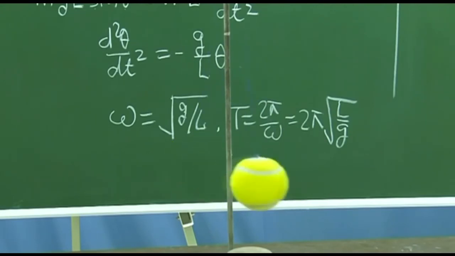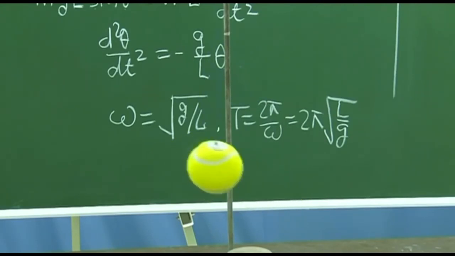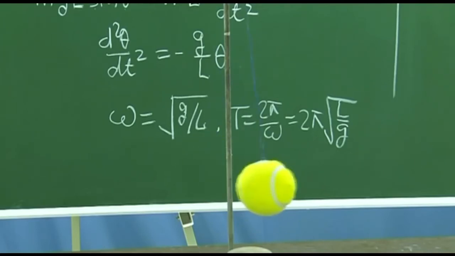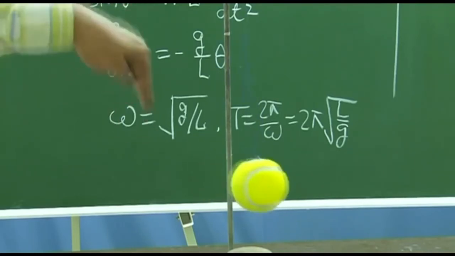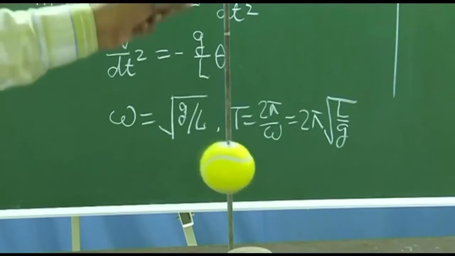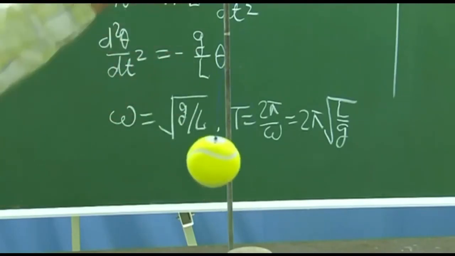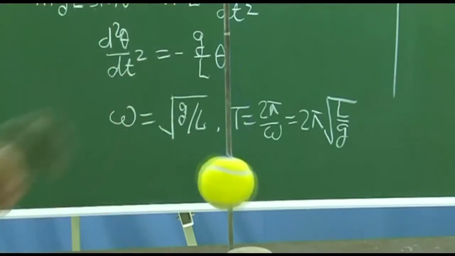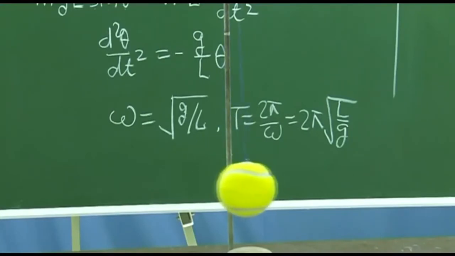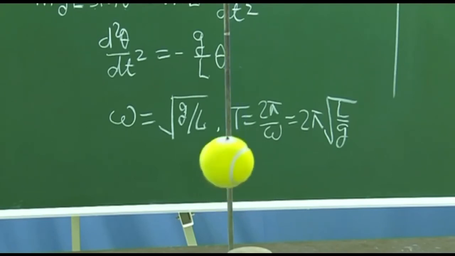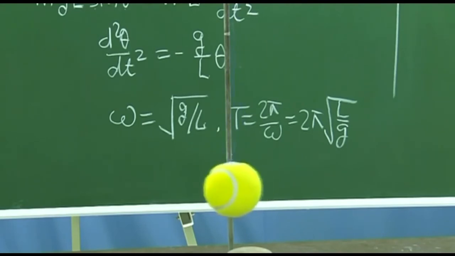See, it has picked up transverse velocity on its own. Now it's almost rotating in the plane which was initially thread, and this rod was making this vertical plane. It's almost rotating in that plane, the original vertical plane made by the thread and the rod.